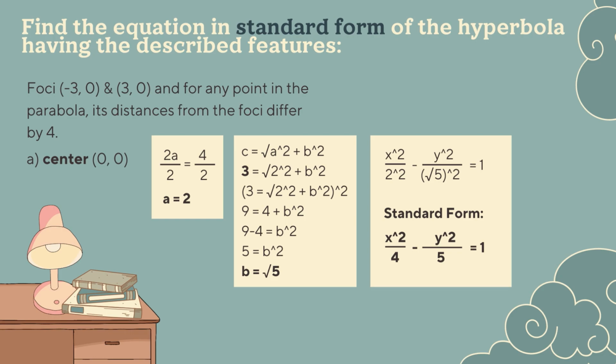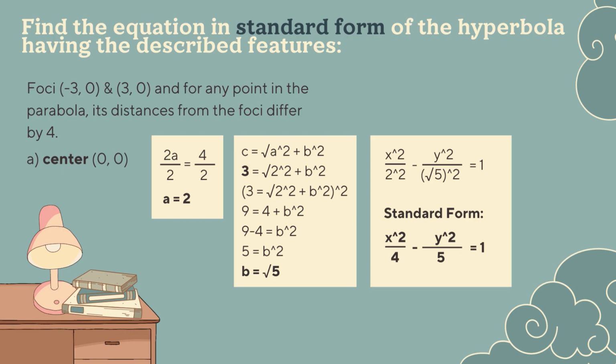We already have the values of c and a: c is equal to 3 and a is equal to 2. So we have 3 is equal to the square root of 2 squared plus b squared. Let's square the entire equation so that we can get rid of this square root. So we have 9 is equal to 4 plus b squared.